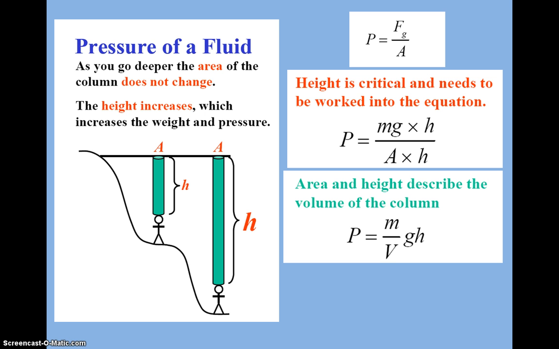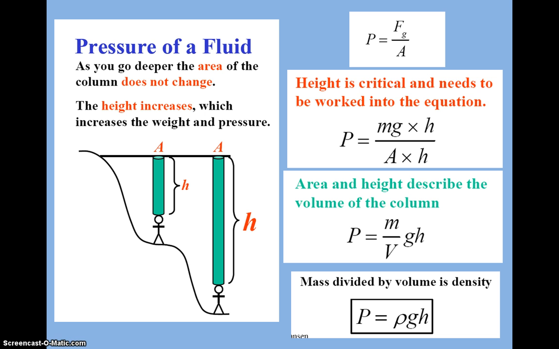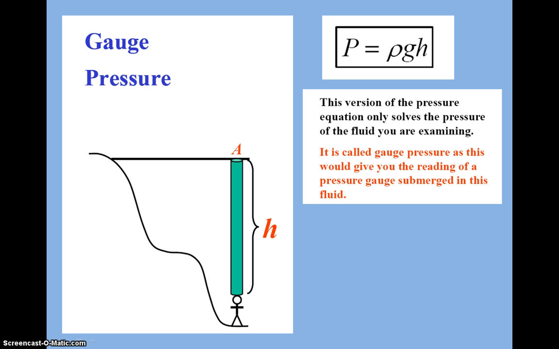So we would get mgh over V. And that leaves m over V here, which we just learned; we should be pretty familiar with it, that is actually density. So the pressure that this person is experiencing right here is equivalent to rho gh, or density times gravity times the height of the water column.